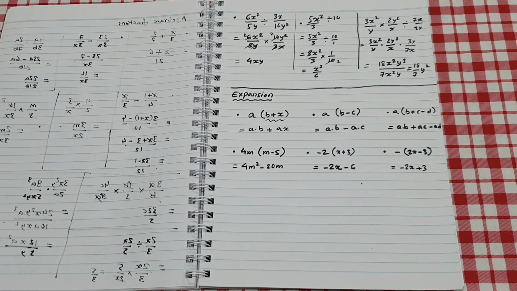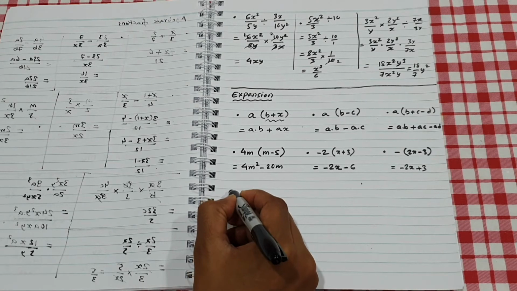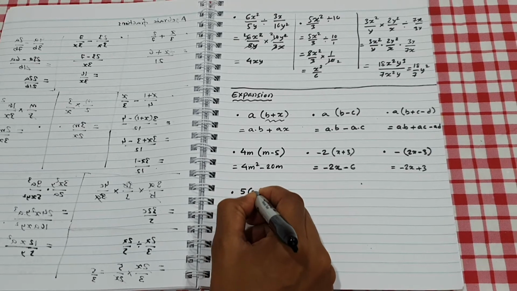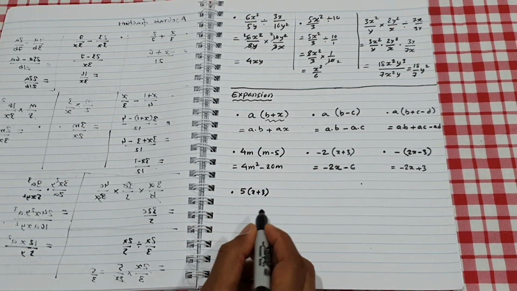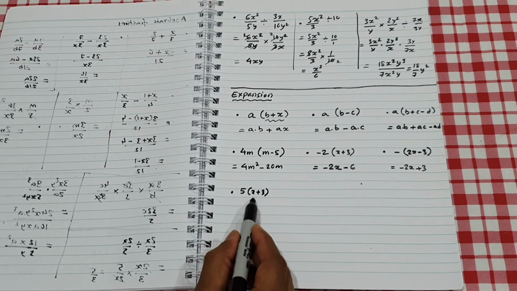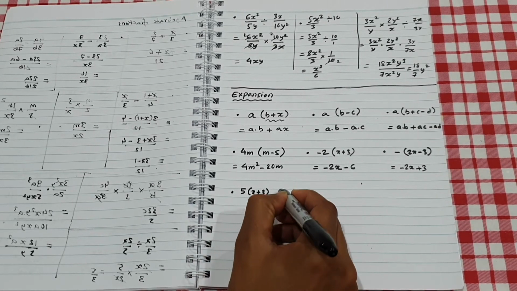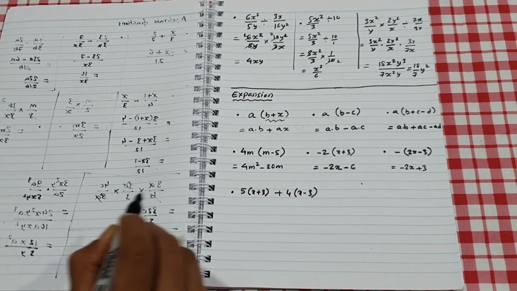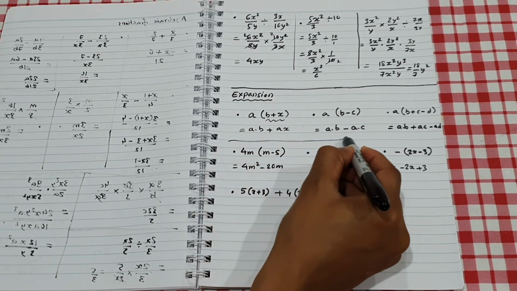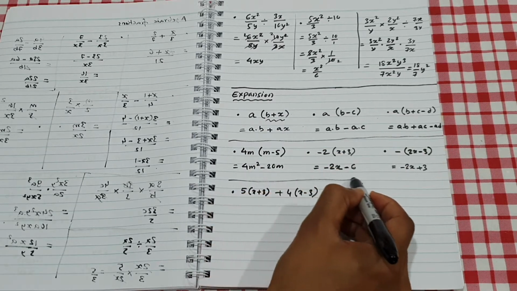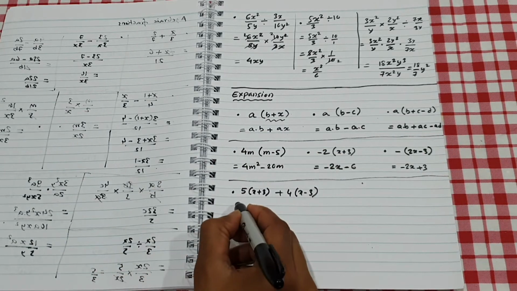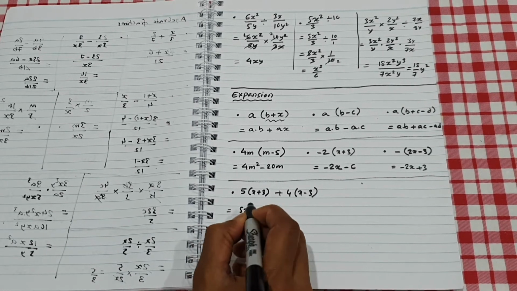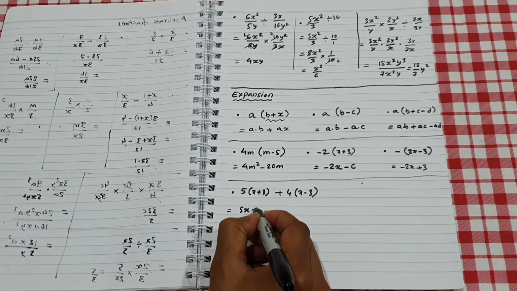Now let's take some more examples of expansion, and this is going to be very important, so we need to understand this very clearly. 5(x plus 3) plus 4(x minus 3). These are different problems. 5 times x is 5x, plus 5 times 3 is 15.